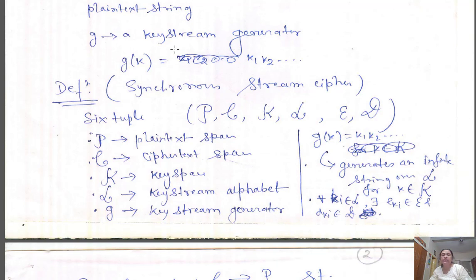G is the generator, the key stream generator. It takes the key and generates the key stream. And this key stream K1, K2, these are from the key stream alphabet L. In some cases it may be different from your plain text space or ciphertext space or key space. So we define a key stream alphabet, an extra thing, that we consider here.